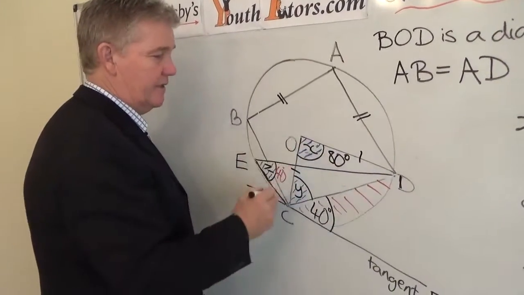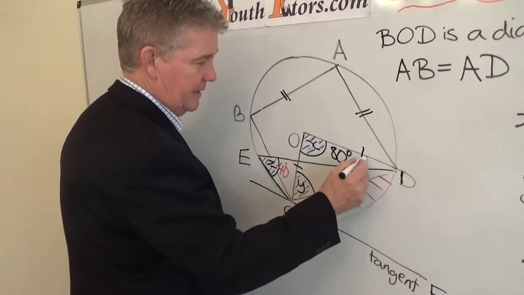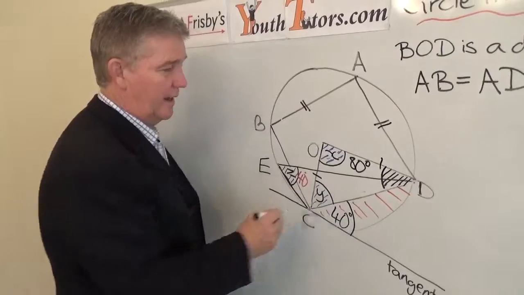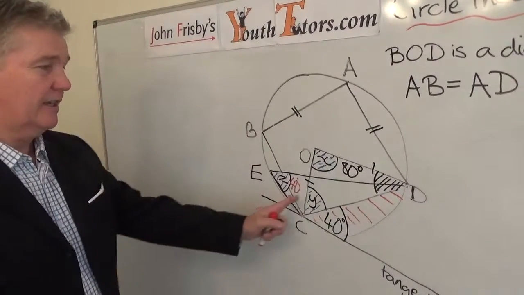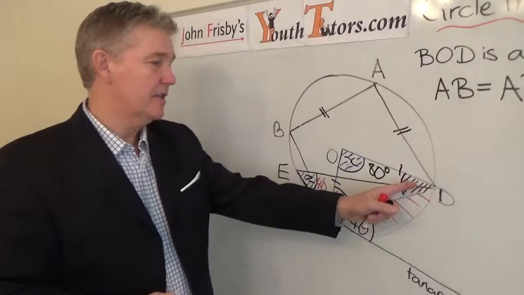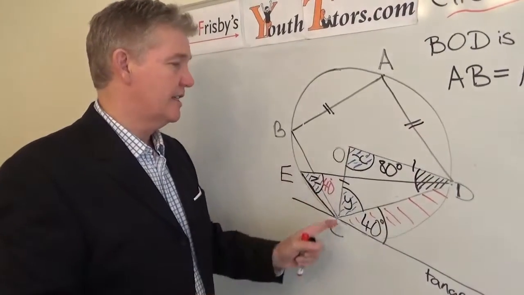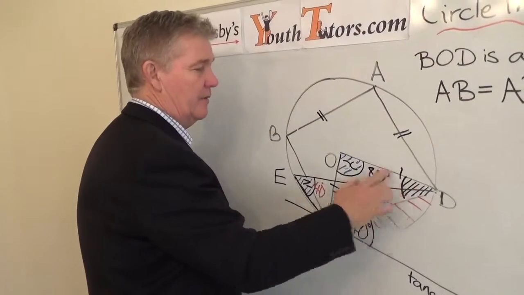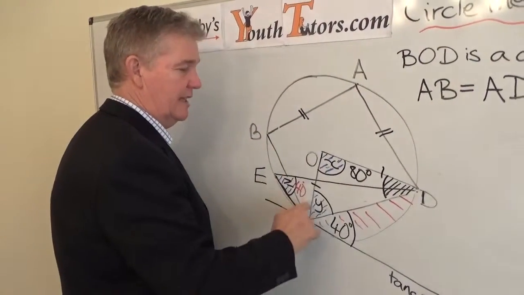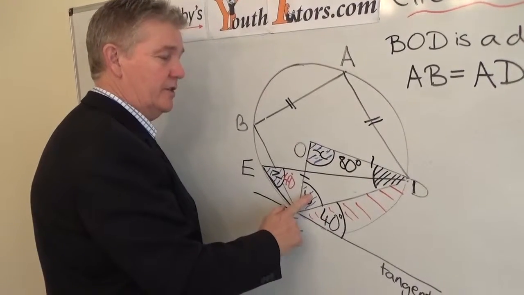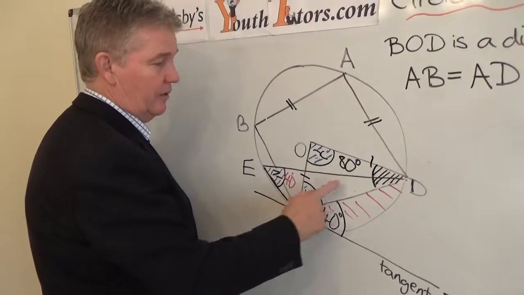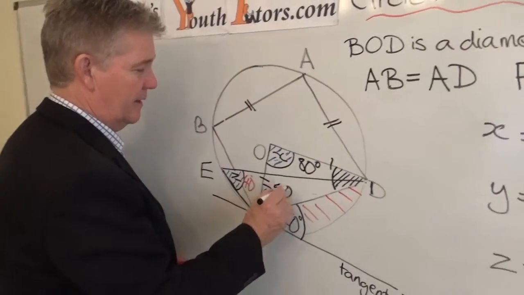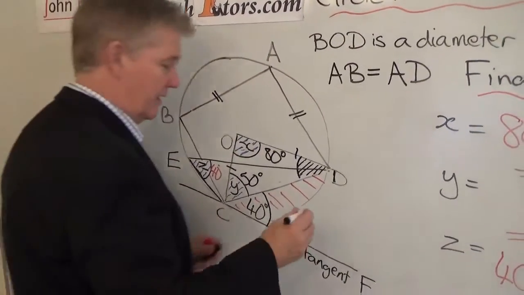They're both a radius of the circle, which means that this angle here and Y will be equal to each other, and they will be two of the angles in the triangle OCD. If they're equal and they complete the triangle OCD, then these two must add up to 100, and so angle Y and this angle here will both equal 50 degrees because it's an isosceles triangle.